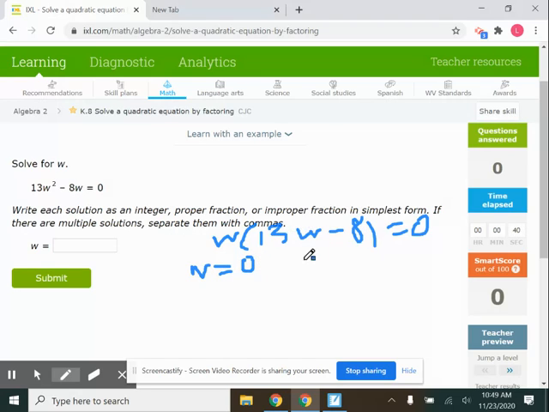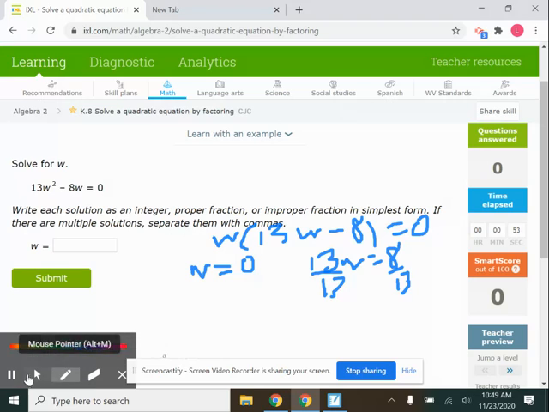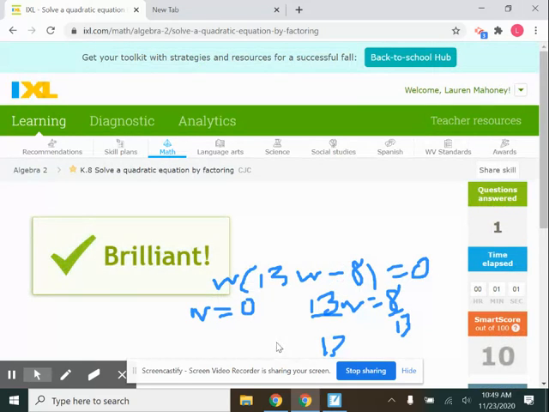With this one, when I set it equal to 0, I get 13w equals 8. And then I would divide by the 13. So we actually end up with two solutions, one of which is 0. The other one is a positive 8 over 13. And that's how you'd submit your work.